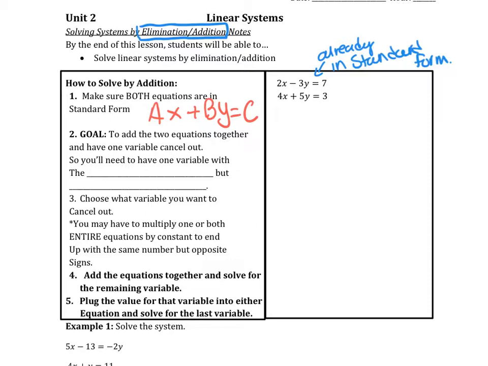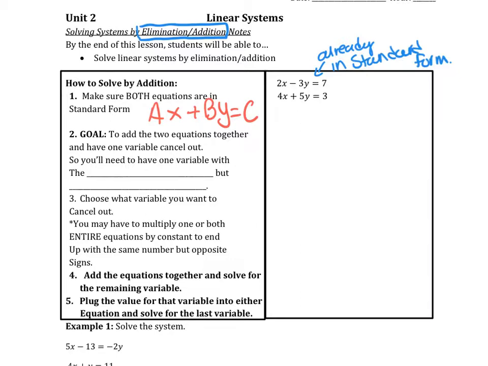So now with this addition or elimination method, the goal is to add, hence addition method, the two equations together, and when we add them to have one variable cancel out, which means we'll just be left with one variable, which makes it possible for us to solve for that variable.